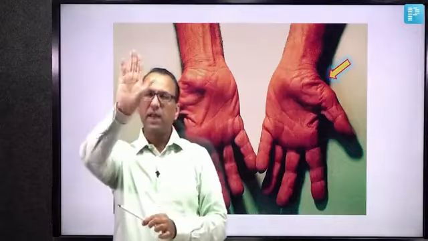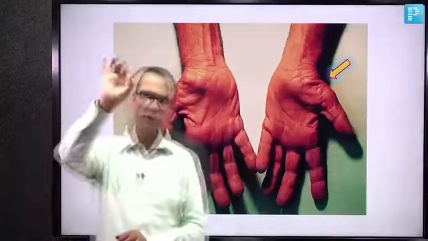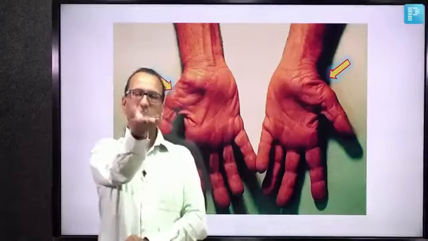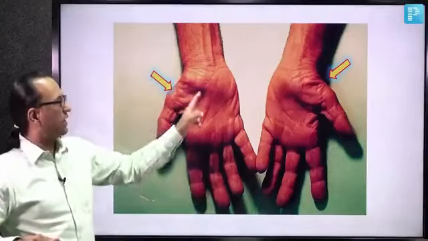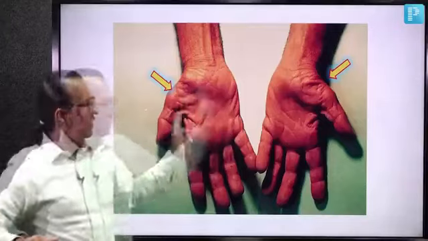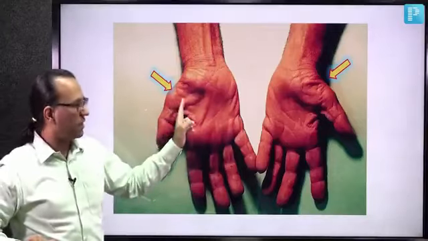These patients can't even do thumb opposition because the first movement required in thumb opposition is anterior abduction of the thumb, which is not happening in the patient. So we call it loss of thumb opposition, thenar atrophy, and ape hand deformity, where the thumb remains in adduction deformity.